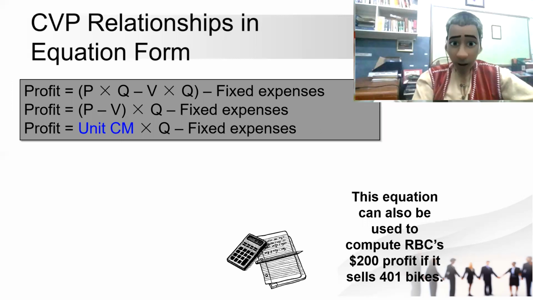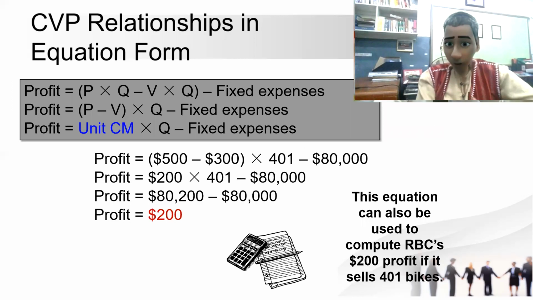So again, that is the formula. If we apply that to our example, look at our sample. What is our price per unit? 500. Our variable expense per unit is 300. And our quantity sold is 401. That is our data from the example. If you simplify, 500 minus 300 is 200, times 401 is 80,200.